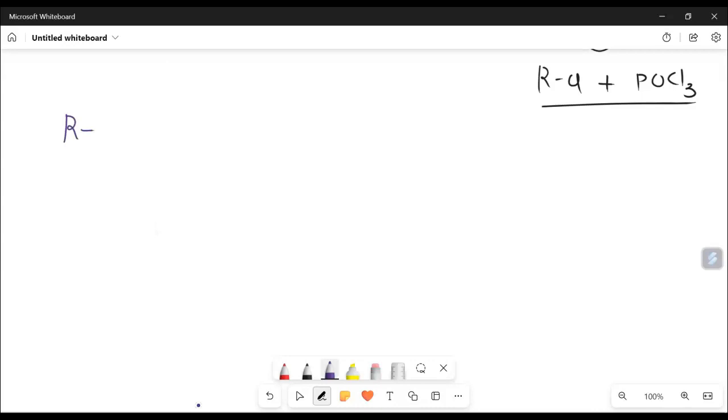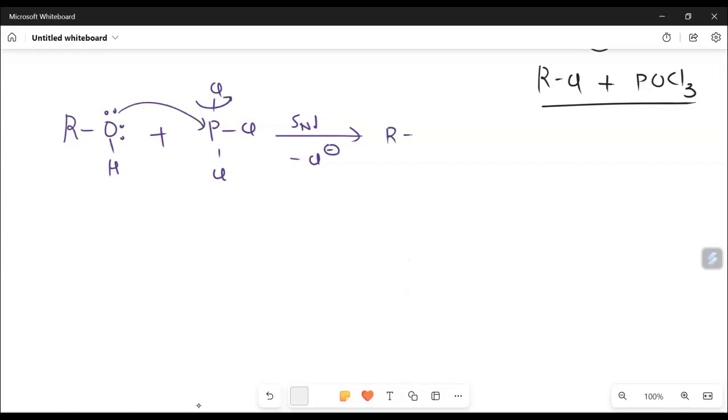Your ROH, there is a lone pair in it, and it is attacked by PCl3, that is Cl, Cl, Cl. This follows the SN1 method. SN1, the Cl minus goes away. How come? This attacks on this thing and Cl will go. It will form R, O positive, P, Cl, Cl.